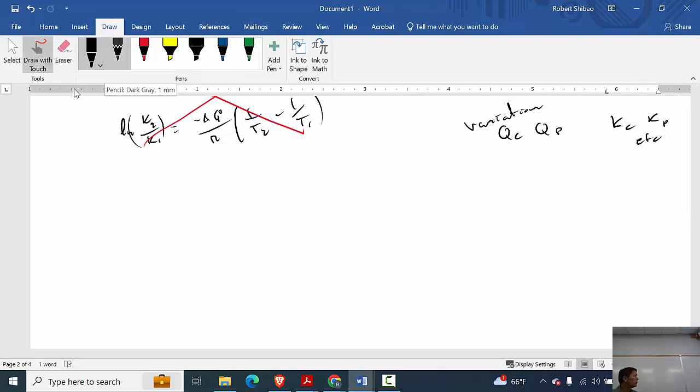So what we're going to do is we're going to do delta G at T. Now delta G is under non-standard conditions. So if I have delta G under non-standard conditions, what is that equal to?